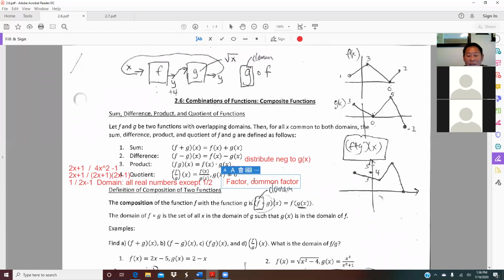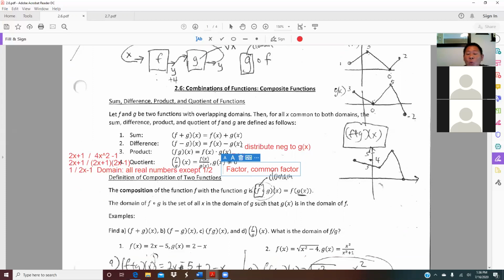For example, this is g dot f, I switch around. If you have g dot f, that means you put a number into f and get an output. The output goes into the input of g, and then the answer comes out of g. So g dot f means you do f first, then g.